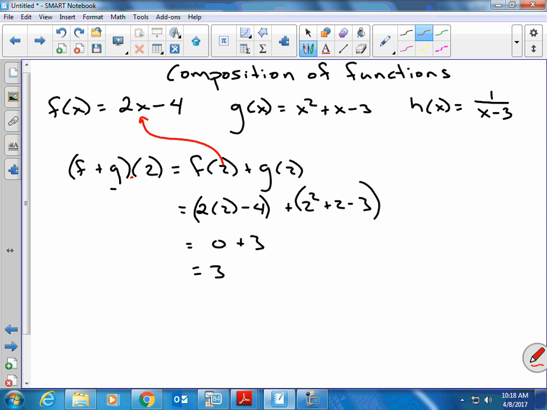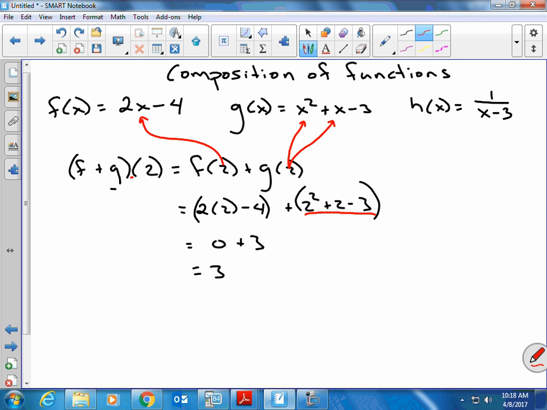And I put 2 into the g equation for x in both places. I evaluate it, meaning I work it out. 2 times 2 is 4, minus 4 gives me the 0. 2 squared plus 2, 2 squared is 4, plus 2 is 6, minus 3 is 3. 0 plus 3 is 3.